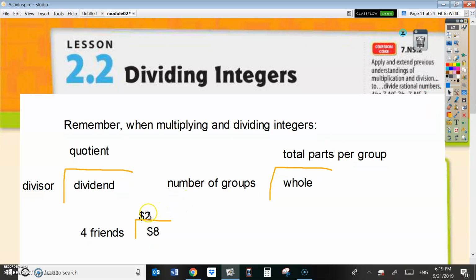Okay, so your whole, the dividend, is 8. And then your 4 friends, that's your divisor, that's the number of groups. And then your 2 is your quotient, it's your total parts per group.